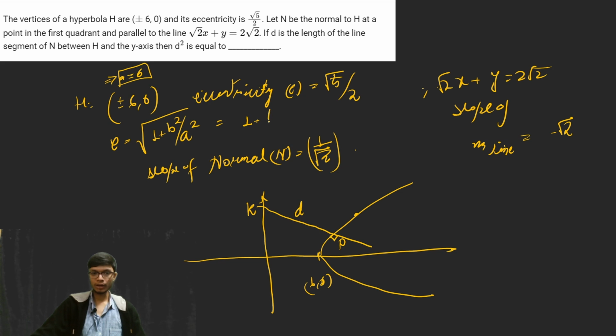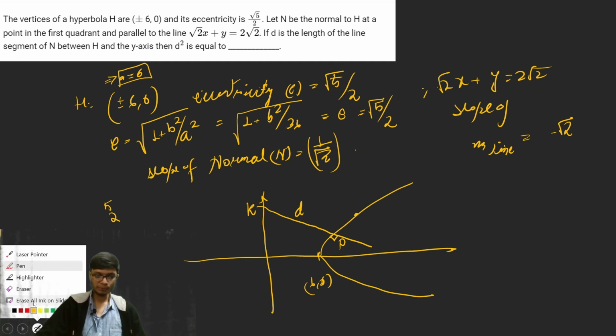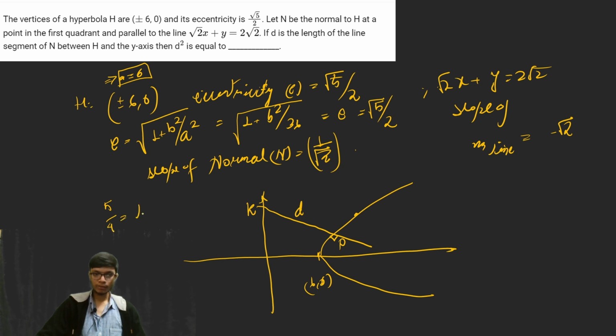Squaring both sides, 5 by 4 is equal to 1 plus b square by 36. If you subtract, it will be 1 by 4. So b square by 36 equals 1 by 4, and b value will be equal to 3.